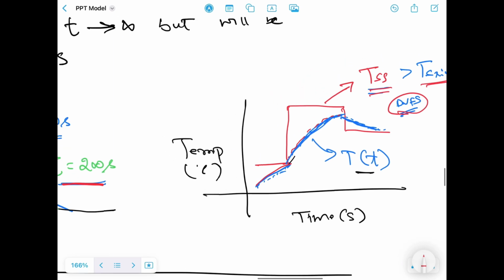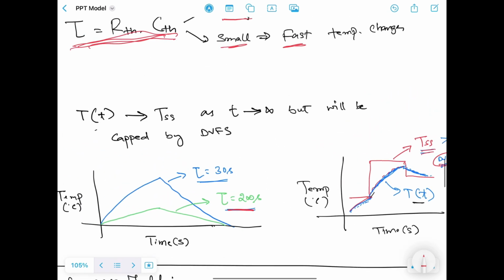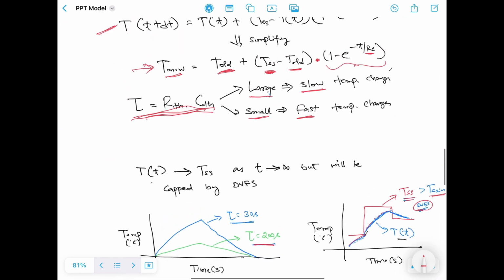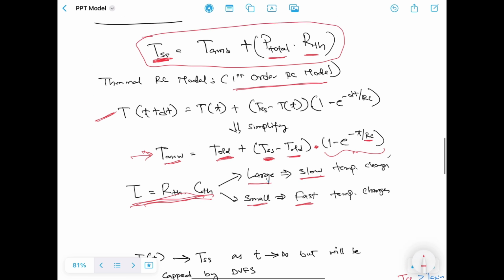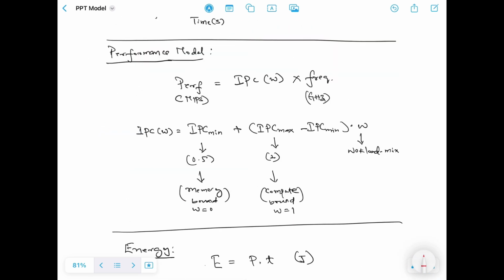So that's the idea of modeling the temperature.